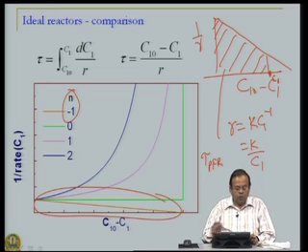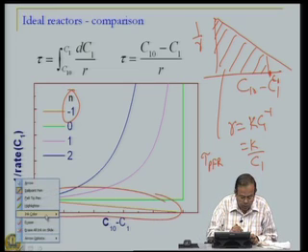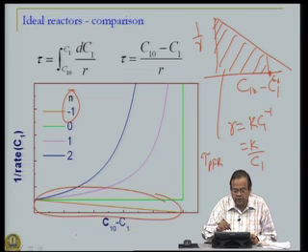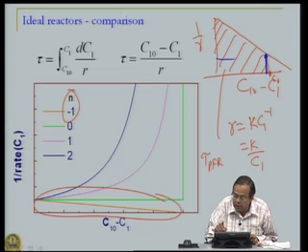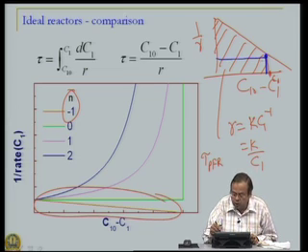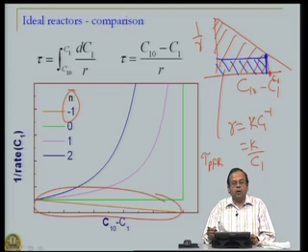Now, what about stirred tank reactor? For stirred tank reactor, it is the area of the rectangle, but which rectangle now? This is 1 over R at C1 multiplied by C1 0 minus C1. So, area of this rectangle shown in the blue line is the residence time in a stirred tank reactor.